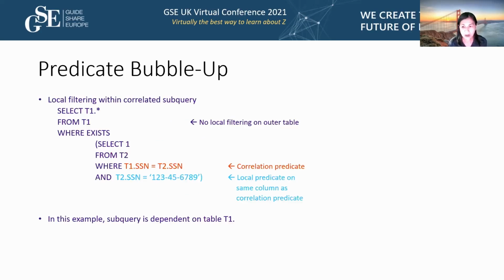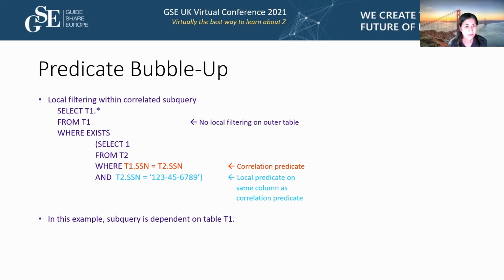Predicate Bubble-Up. We just talked about predicate pushdown. Predicate pushdown is trying to push the predicate from the outer query block to the table expression. Predicate Bubble-Up is for correlated subqueries and is trying to pull the predicate from the subquery to the outer query block.